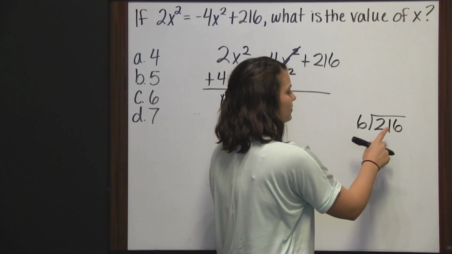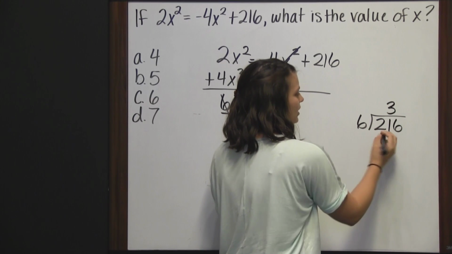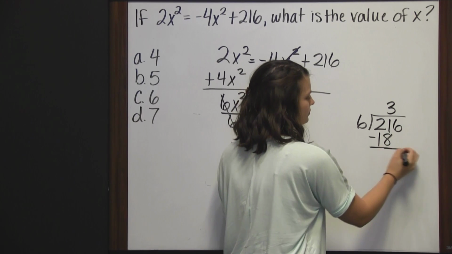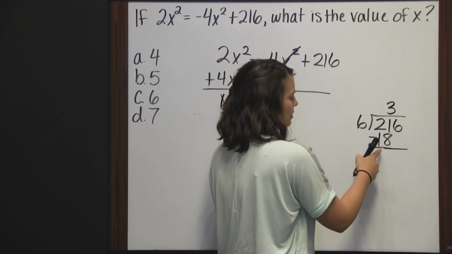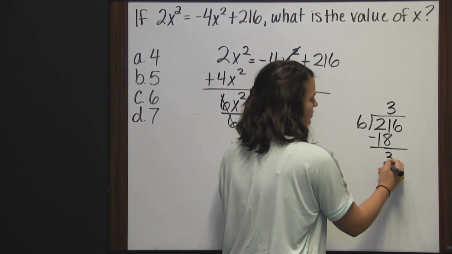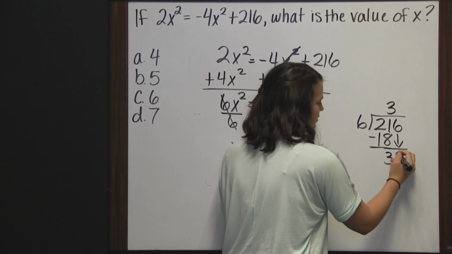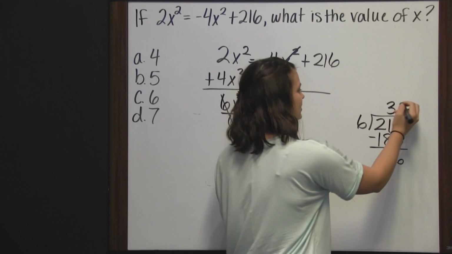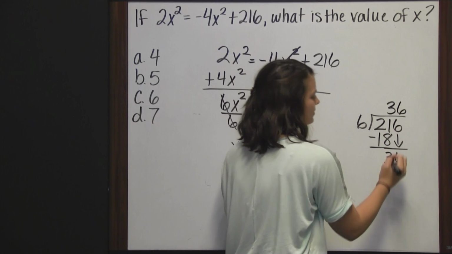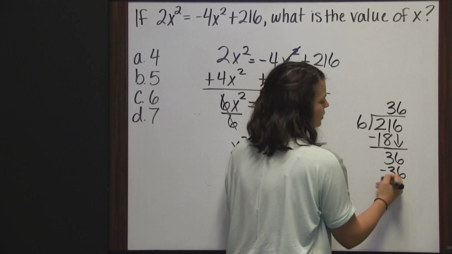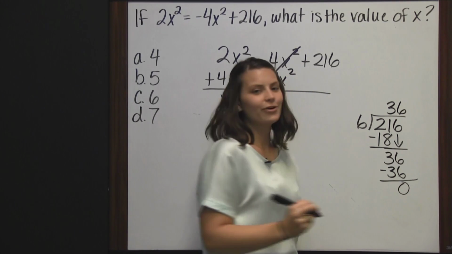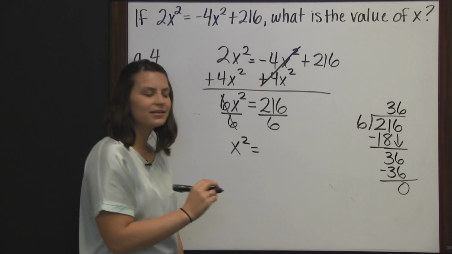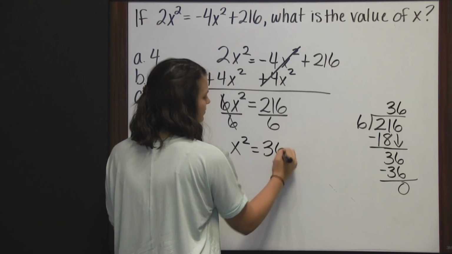And 6 times 3 is 18. It goes in 3 times and we get 18. 21 minus 18 is 3. We bring down the 6. And 6 goes into 36 6 times. 6 times 6 is 36. So when we subtract, we get a 0 remainder.